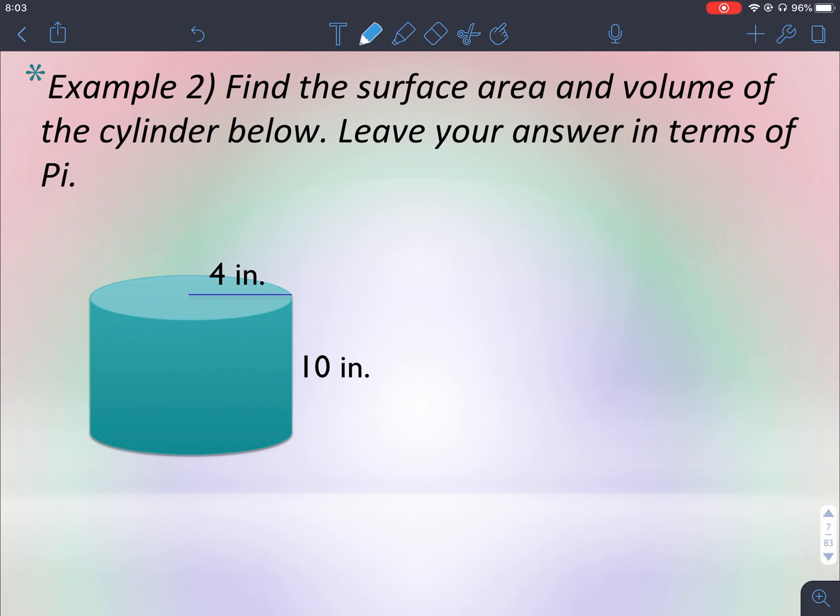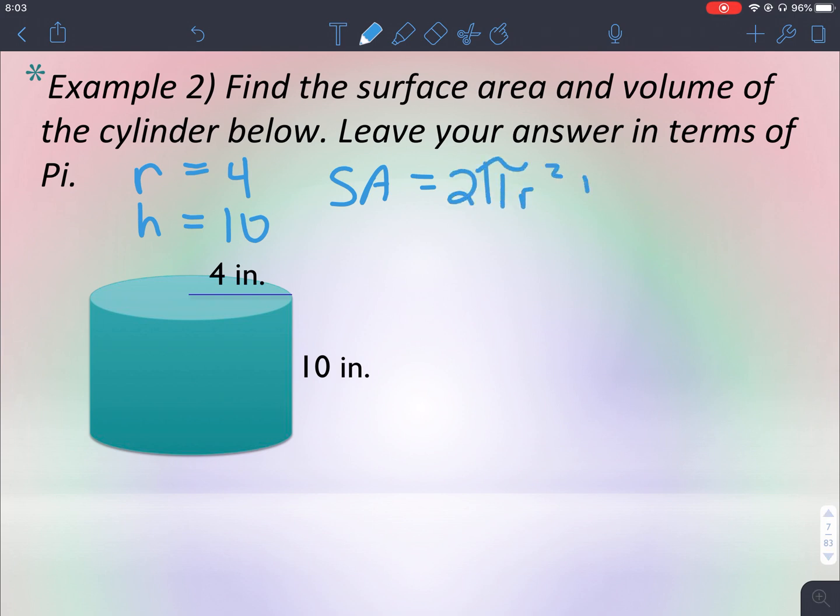Example 2. Find the surface area and volume of the cylinder below. I know that the radius is 4 and the height is 10. So that's all I need to find the surface area and volume. The surface area is 2 pi r squared plus 2 pi r h.